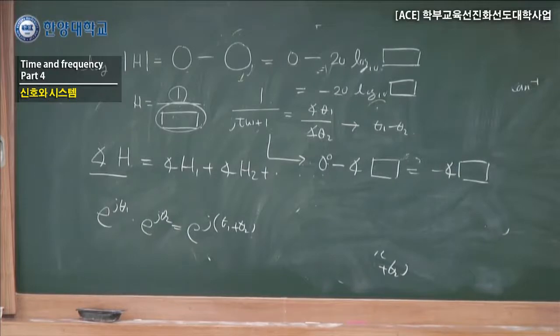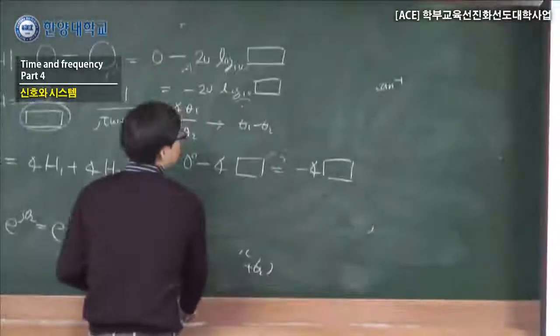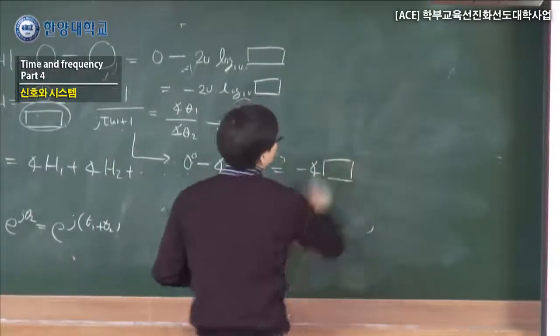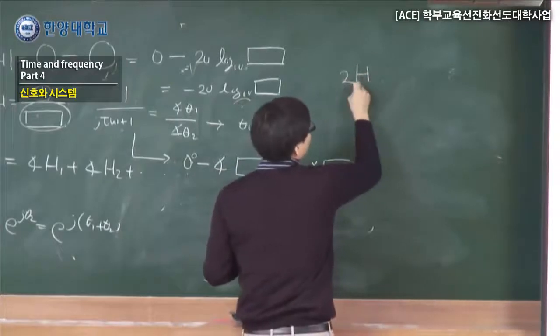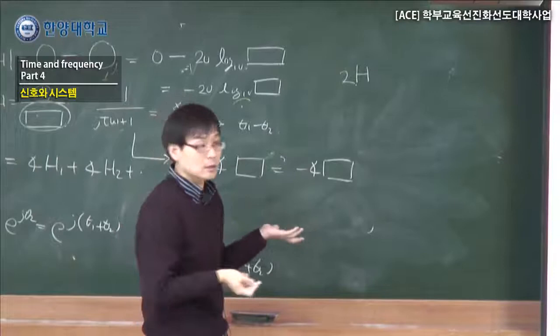If you have 2 in front, what happens? In case of magnitude, we are using log. So that looks like, okay, 2 times h, which we already know what the Bode plot is.